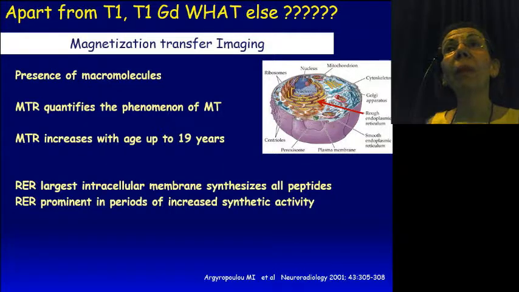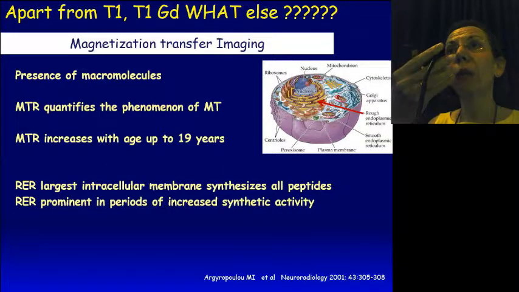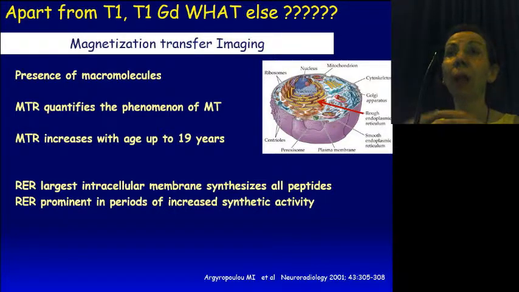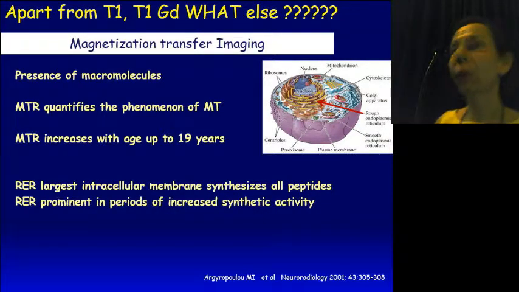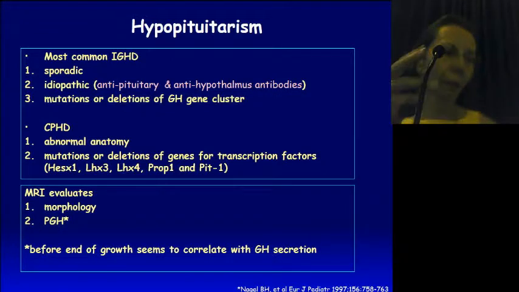It is the mother producing these hormones, the rough endoplasmic reticulum, which becomes bigger in periods of increased secretory activity. So if you use this magnetization transfer imaging, you will see that the magnetization transfer ratio of the pituitary gland increases as a function of age, and there is a way to detect secretory activity in the pituitary gland.